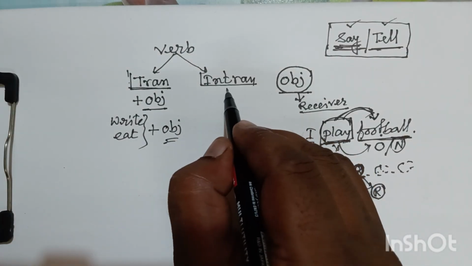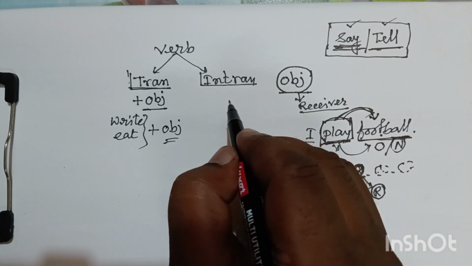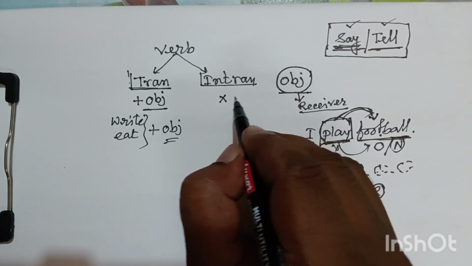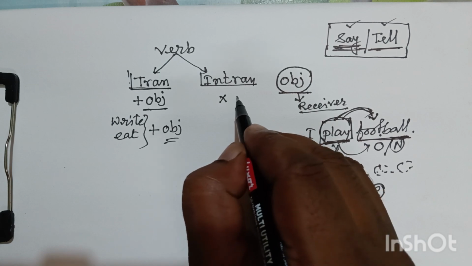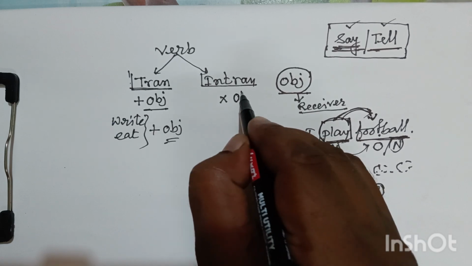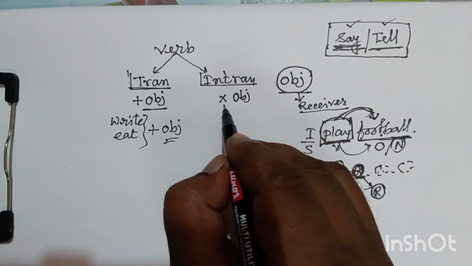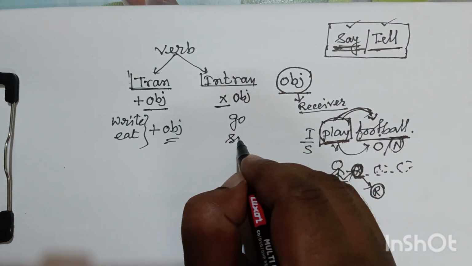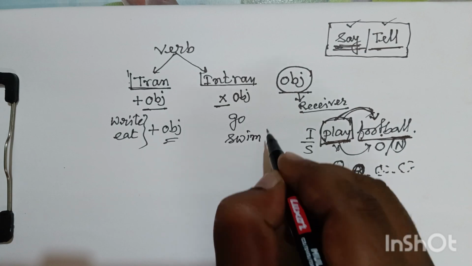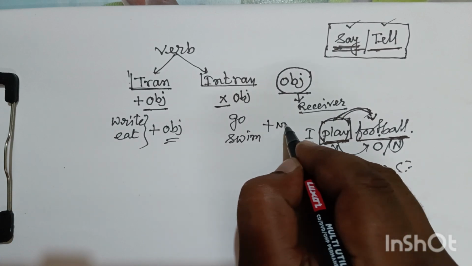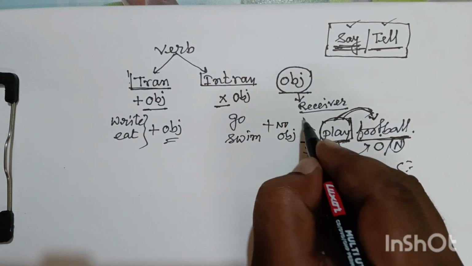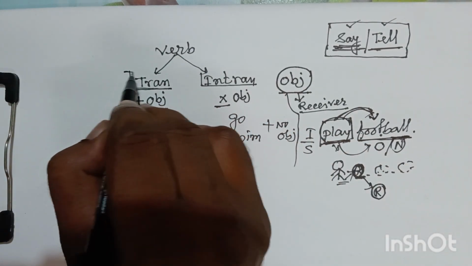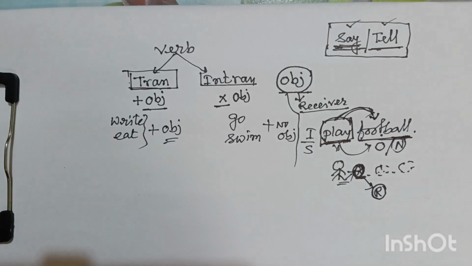And intransitive, or non-transitive, means there is no need to write any object after these verbs, just like go, swim. After that, no object. My dear friends, so this is the concept of transitive verb.